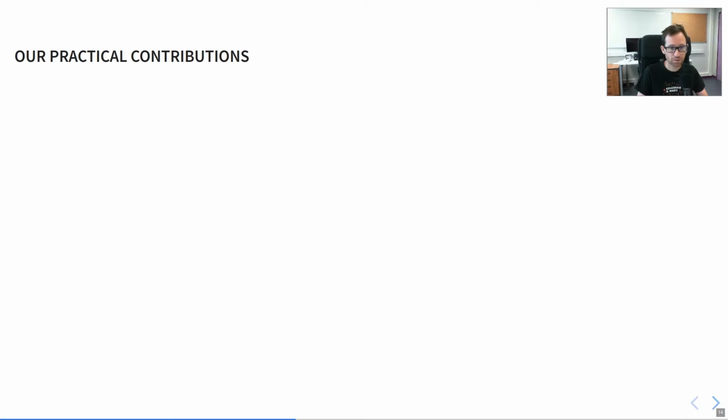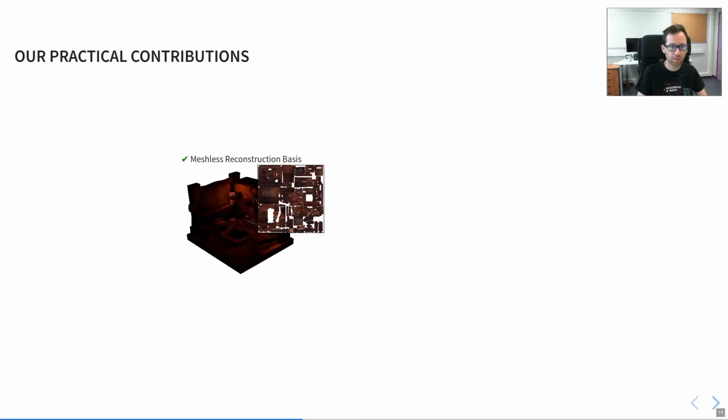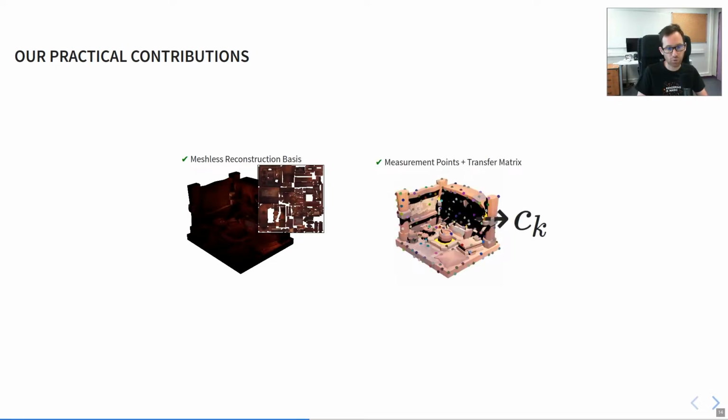So from this, we show how to build a simple model for data-driven precomputed radiance transfer. And we do so by building a meshless reconstruction basis to access the indirect illumination database, and we provide an efficient measurement of the coefficient through a sparse evaluation of direct illumination and also using a transfer matrix.